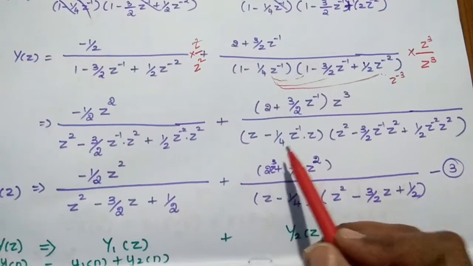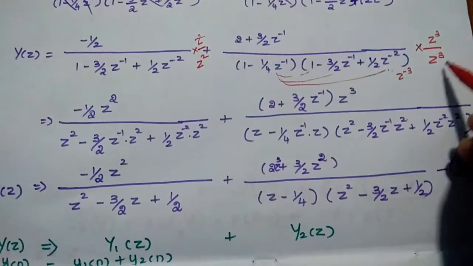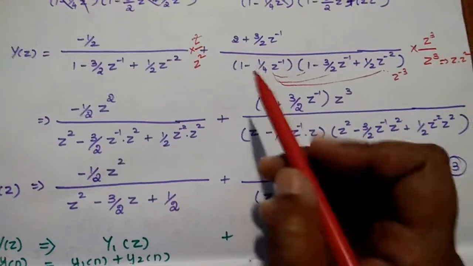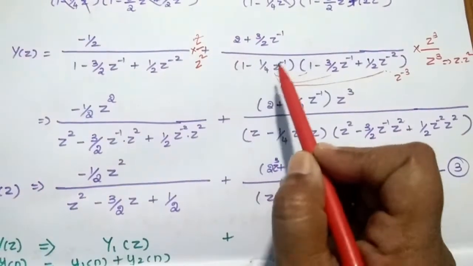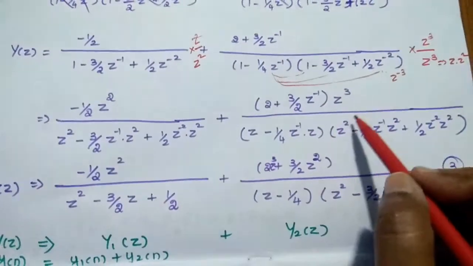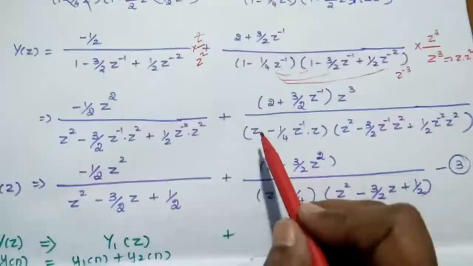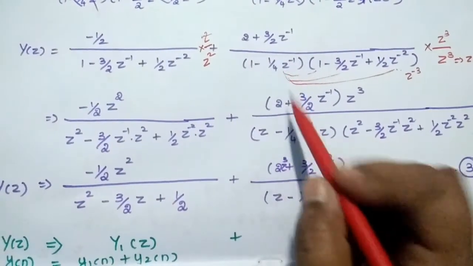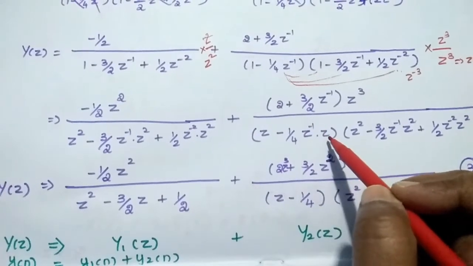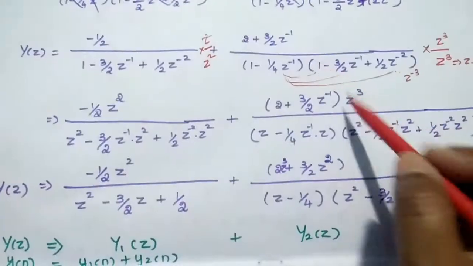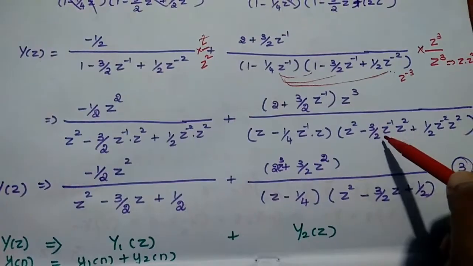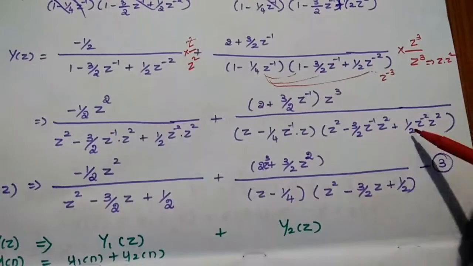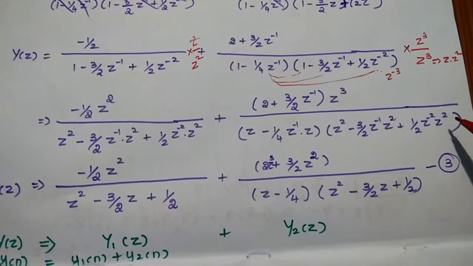In the denominator side, we are going to segregate this z power 3 as z into z squared, because we are going to multiply z with this term and z squared with this term. So here z, that is 1 into z, minus 1 by 4 z power minus 1 into z, into 1 into z squared, minus 3 by 2 z power minus 1 into z power 2, plus 1 by 2 z power minus 2 into z power plus 2.